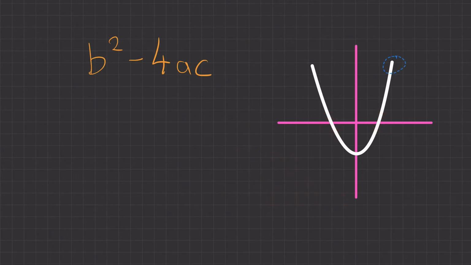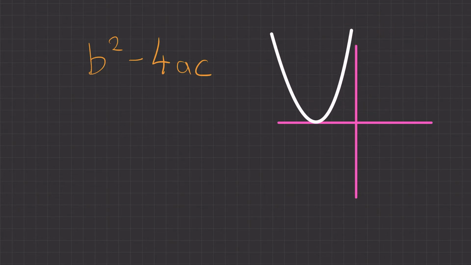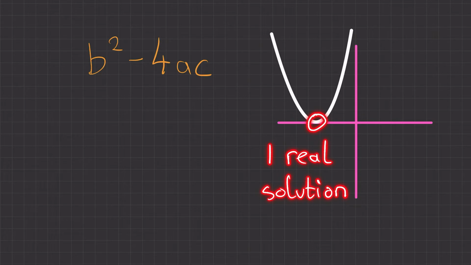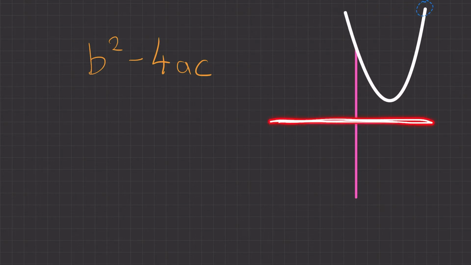If the graph moves now, so it's just touching the x-axis at 1 point, which is here, therefore, the graph has one real solution. If the graph is now moved a bit further up, so it's not touching the x-axis at any point, therefore it has no real solutions.